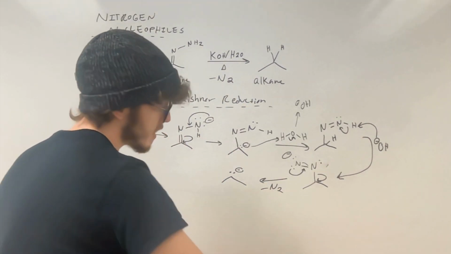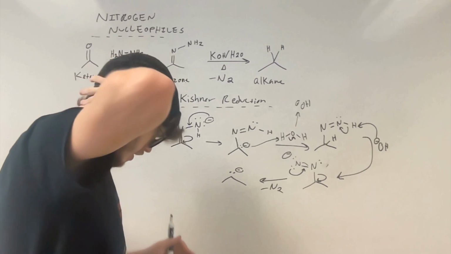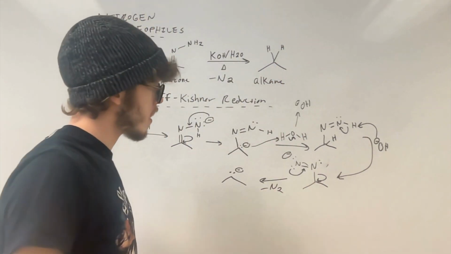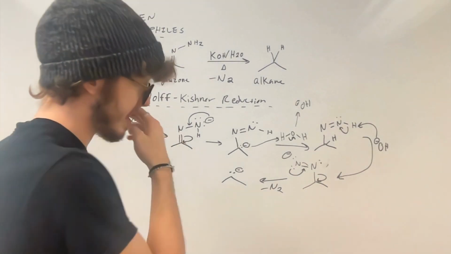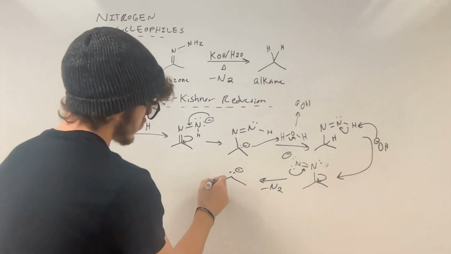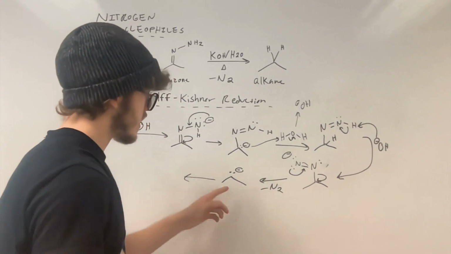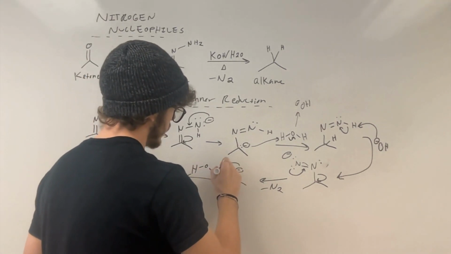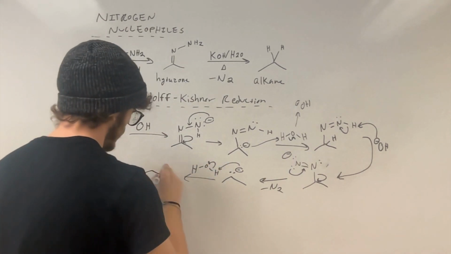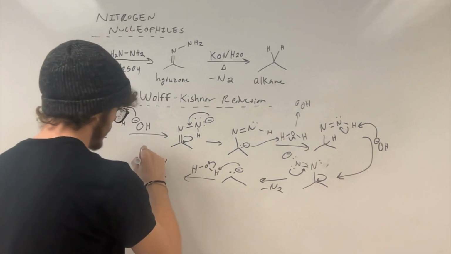Once you get to this step and the gas gets released, there's no way of reversing this process, right? Because it's a gas leaving. So this will then simply get protonated by our water, leaving us with an alkane.